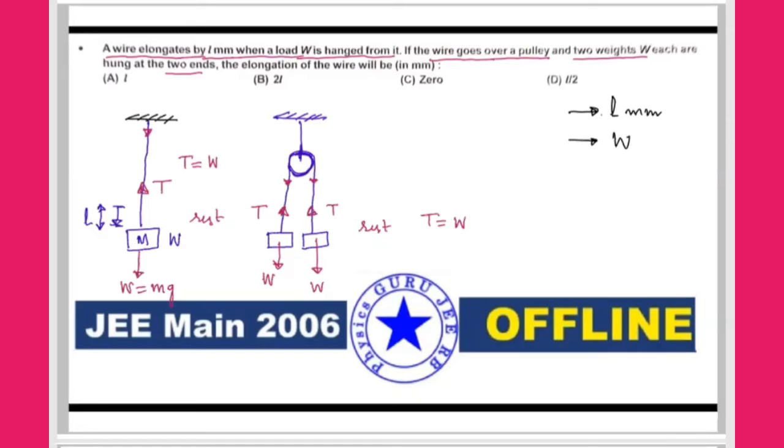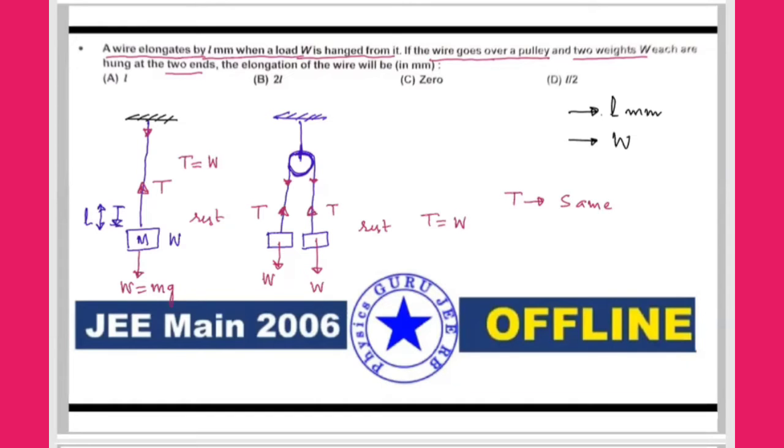For the equilibrium of the load, tension in the wire is T equals W. As the tension in the wire is the same in the two cases, there is no change in the tension, so the elongation or extension in both cases will be the same.